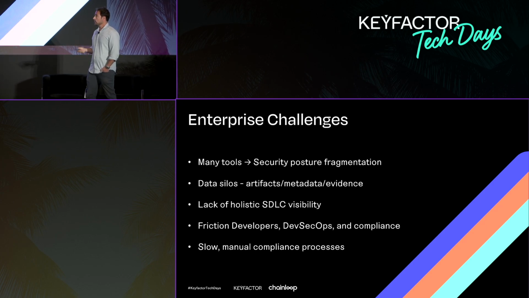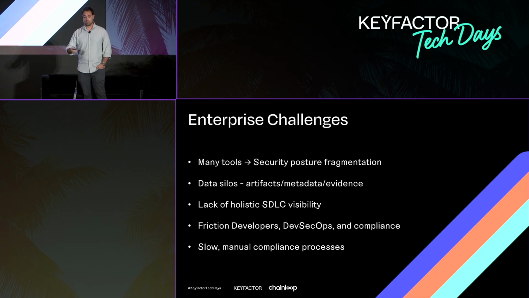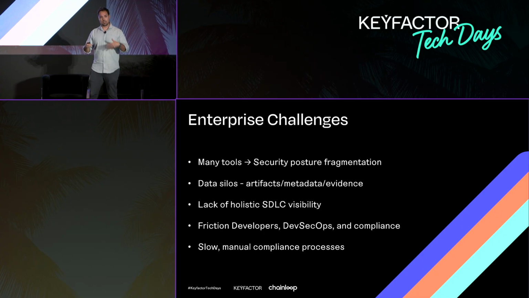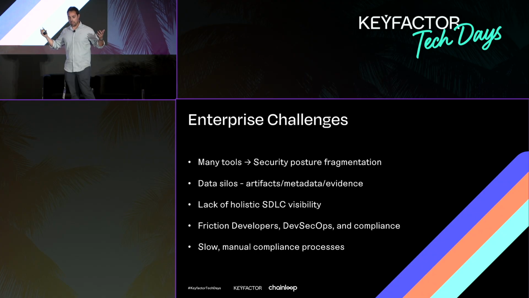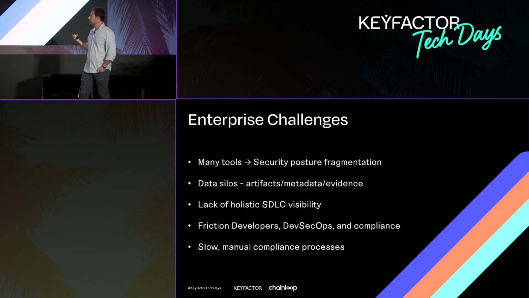You also might have data silos. You are generating all this information, this provenance information in your software supply chain, but where is it? Can you use it at the end in an audit process if you need to get a holistic view of how you're building software? And then, can you trust the metadata? Can you make sure it has the qualities that we are expecting it to have?